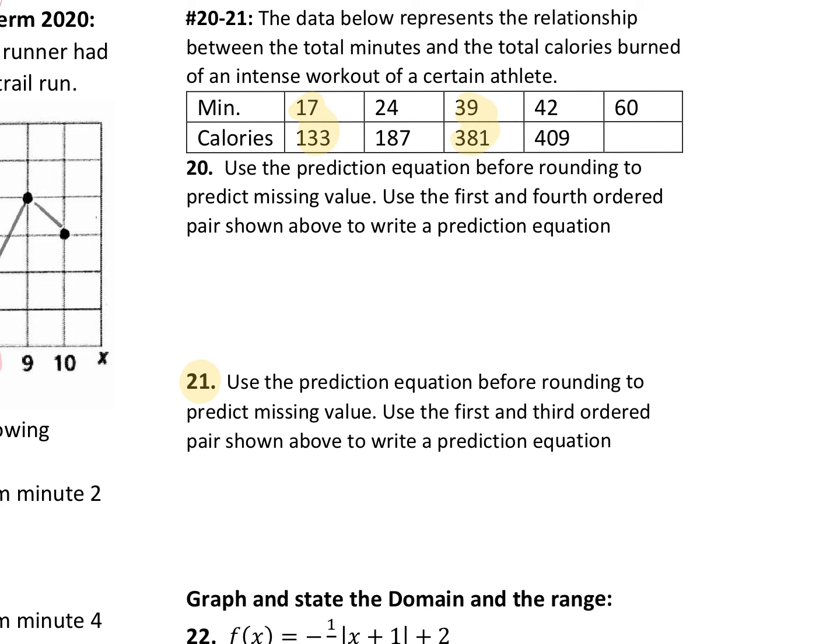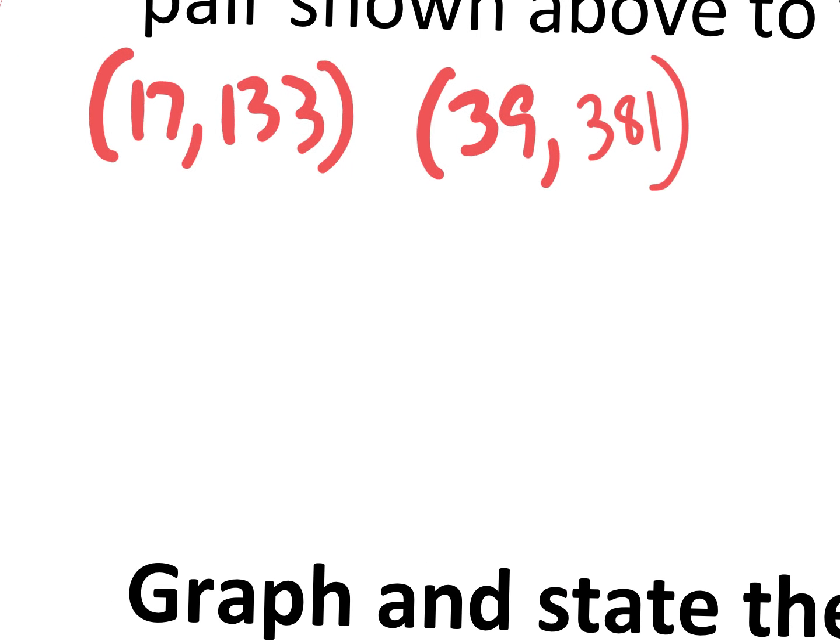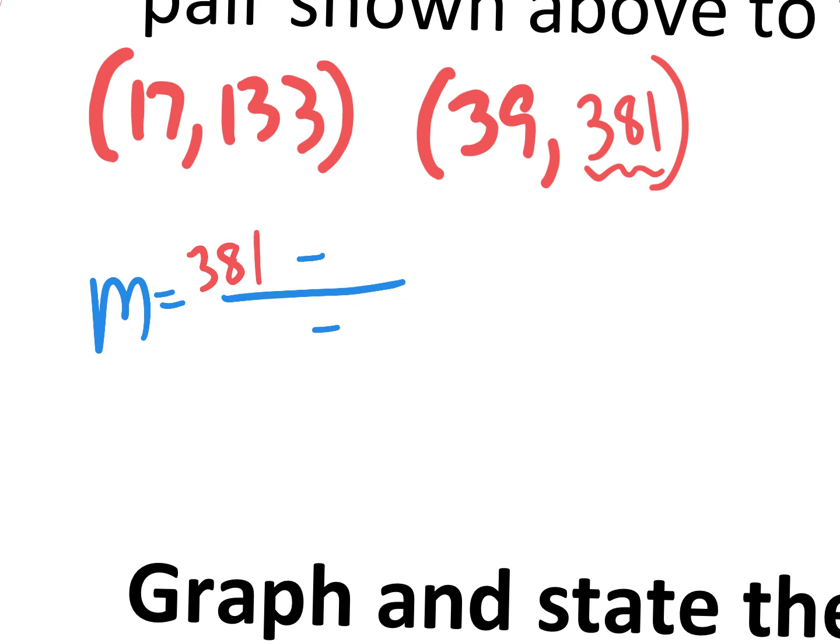We begin by jotting down those 2 coordinates: 17, 133, and 39, 381. Again, we begin with the slope formula. M equals y2 minus y1 over x2 minus x1. So y2 is 381, y1 is 133, x2 is 39, x1 is 17.